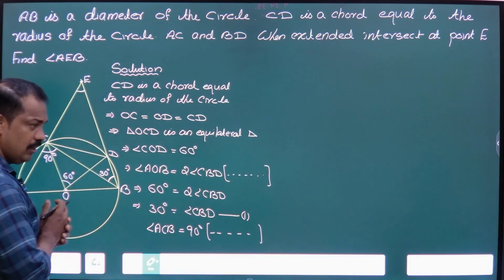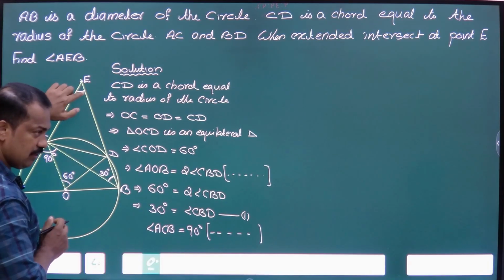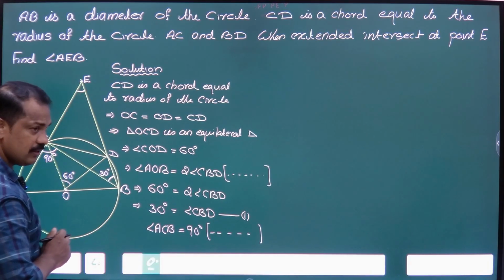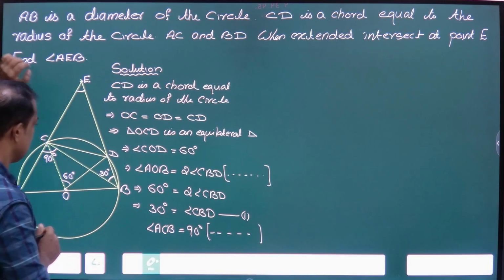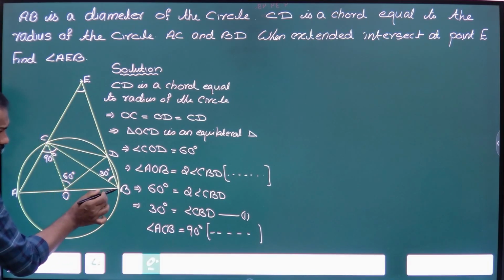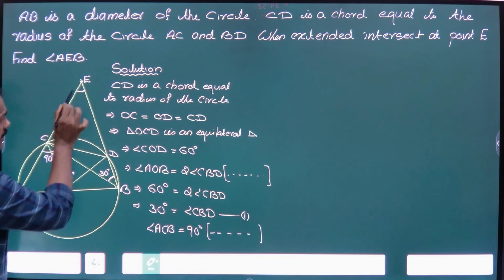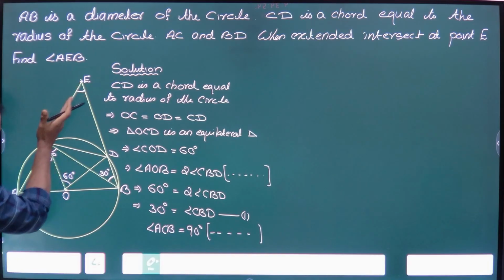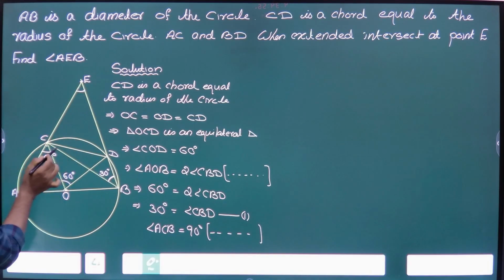ये clear? हमको क्या फाइंड करना है? ये एंगल फाइंड करना है, ये वाला एंगल फाइंड करना है. नाउ लिसन, ध्यान से देखो. इन ट्रायंगल देखो, BCE ये साइड एक्सटेंड किया देखो. So this is called exterior angle.